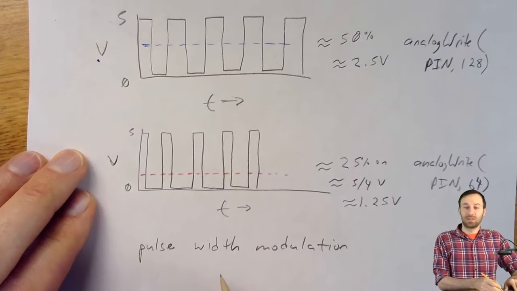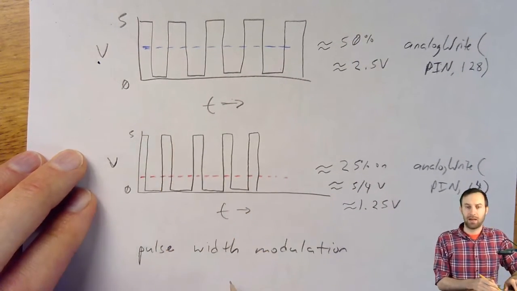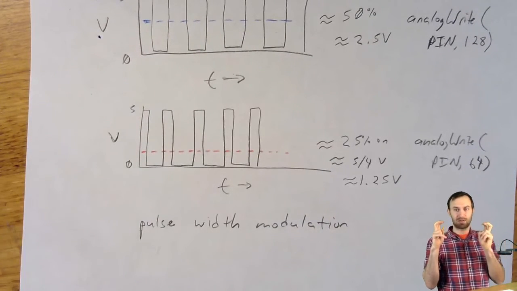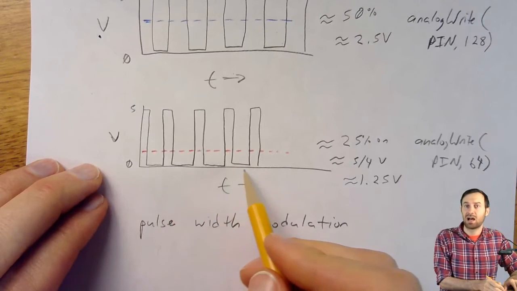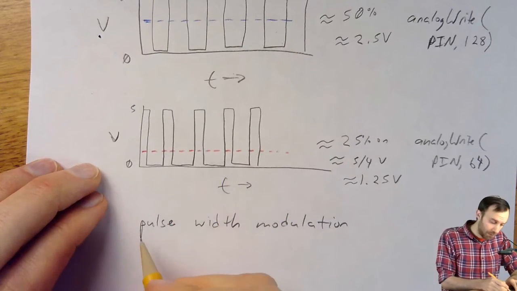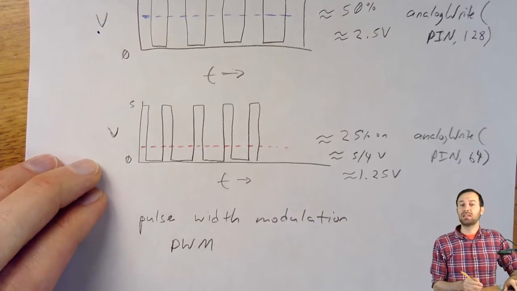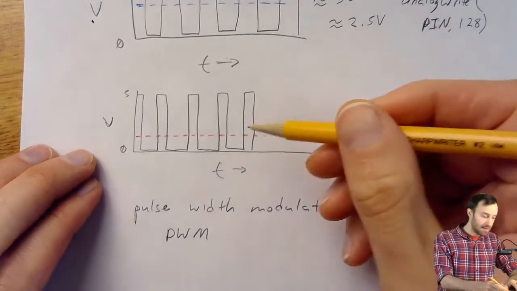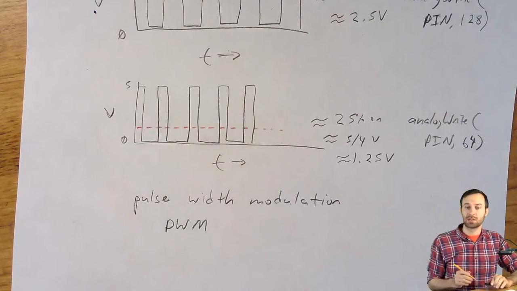Well, what we mean is actually the width in time of that line on the graph. So when we say width, it's like width in scare quotes because it's referring to the amount of time the thing is on or off. So pulse width modulation, abbreviated PWM, is the engineering term for the trick the Arduino is doing.